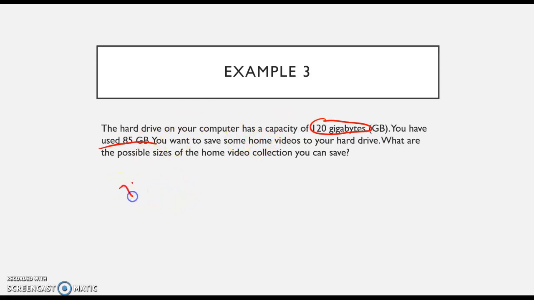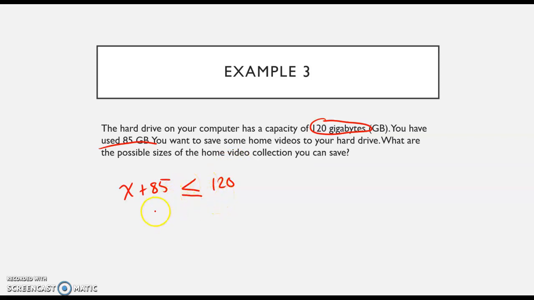So I want to know what size of home videos, so that's going to be my x. So that plus the 85 has to be less than 120. Why less than? Because 120 is the limit. And I would put less than or equal to 120, because it can be 120, but it can't be more than 120.